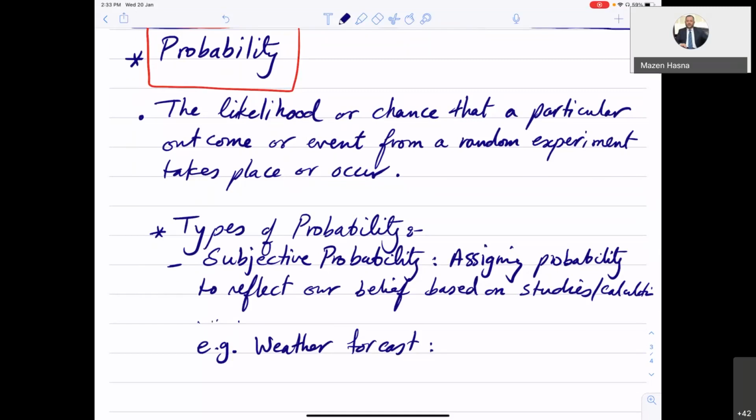This number is based on the movement of the winds, the air pressure, the weather in neighboring countries, and so on. So they do some calculations, some forecasts, and then based on their belief, they come up with this number. So there is some activity behind the number. This is one way of assigning probability. So here we mark, like, a 50% chance of rain.